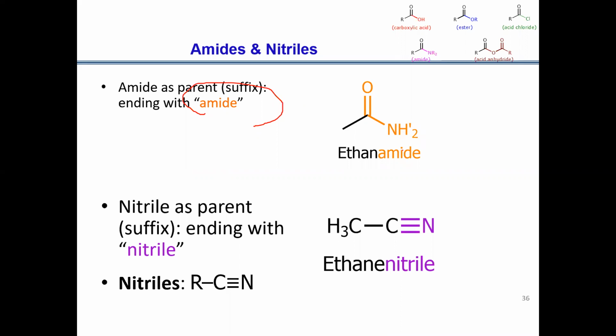There was a hydroxyl group over here, and that hydroxyl group was replaced with the amino group, and that is how we got an amide. In short, the functional group of the amide is your carbonyl group bonded to the nitrogen. When you see a carbonyl group bonded to the nitrogen, right away you should think, oh, this is an amide.